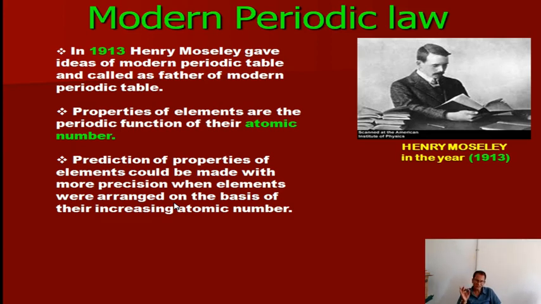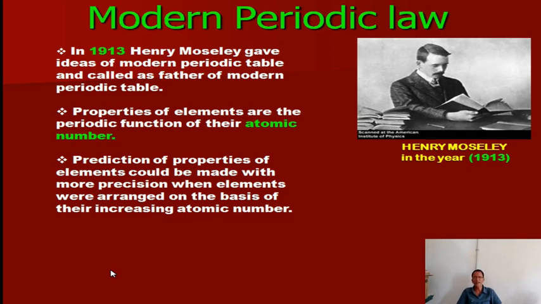So in the periodic laws we have discussed so far, all have taken atomic mass, but the modern periodic law is based on atomic number, and the prediction of properties of elements could be made with more precision when the elements were arranged on the basis of their atomic number. That means it is very easy to predict the properties of elements on the basis of increasing atomic number.